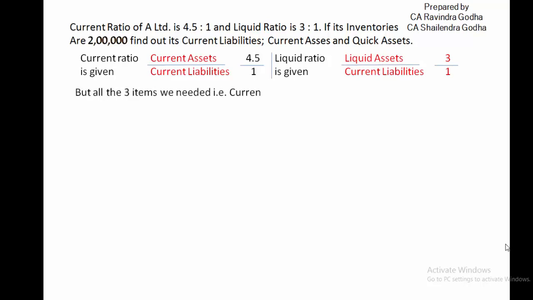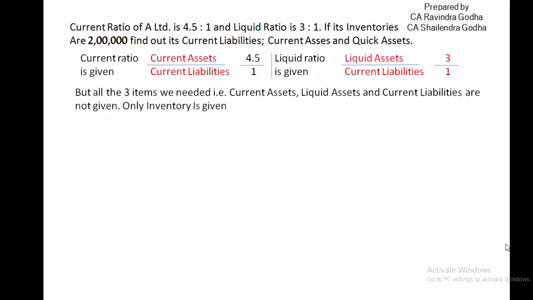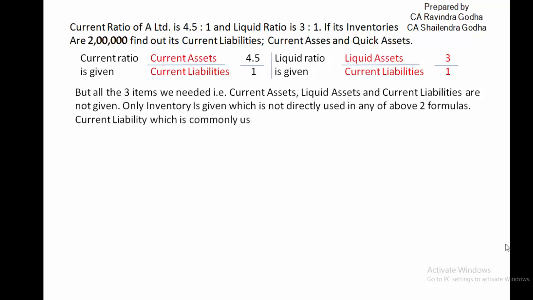But all three items, current assets, liquid assets and current liabilities, are not given. Only inventory is given, which is not directly used in either of the above two formulas. Current liabilities are commonly used in both formulas.